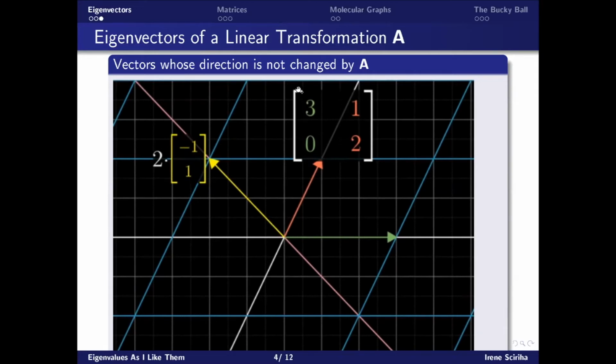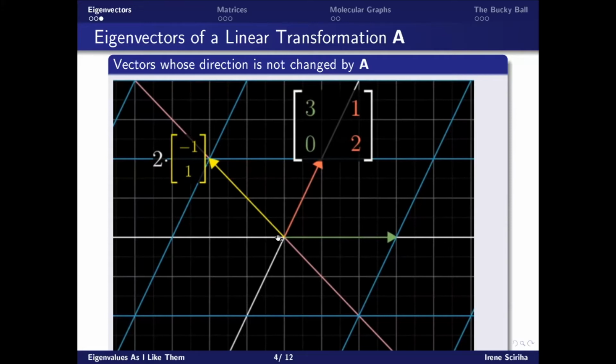Here 3, 0 gives me an eigenvalue of 3 with an eigenvector of I, what was referred to as I in previous talks, the unit vector along the x-axis. But we also have another eigenvector, which is minus 1, 1, and we have a stretch of 2 over there.